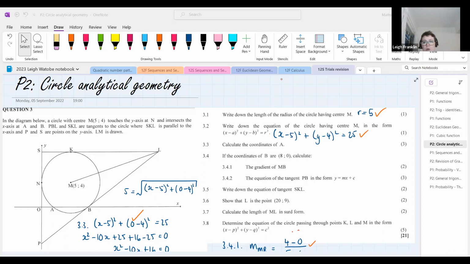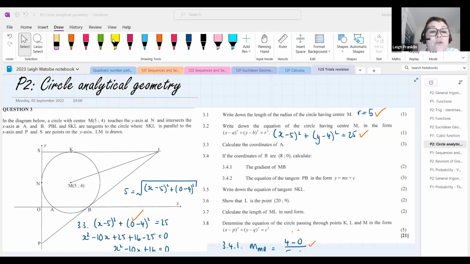All right, but the equation of the tangent, I think what you guys are doing is okay, Jamie, all right, you're on the right track. Why is the gradient of tangent SKL equal to 0? Okay, and that is because they told us somewhere up here.